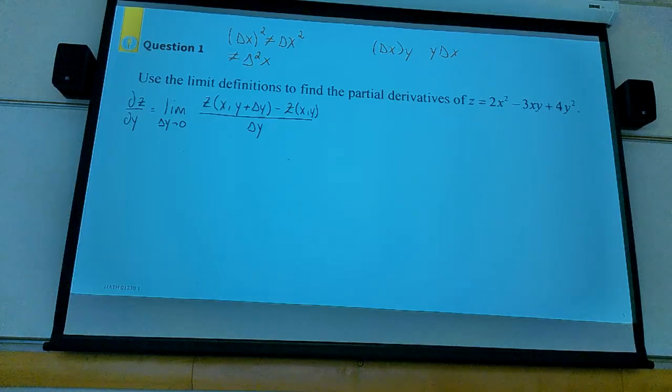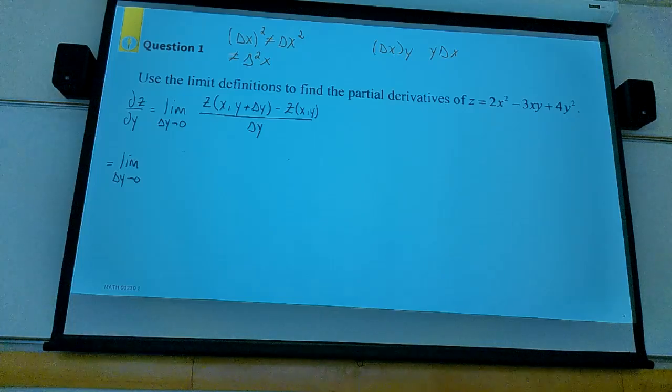Z of x comma y plus delta y minus z of x y all over delta y. Right? Everywhere you see a y, it becomes y plus delta y.